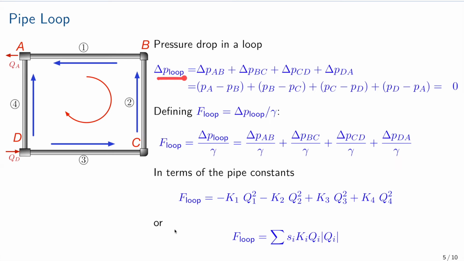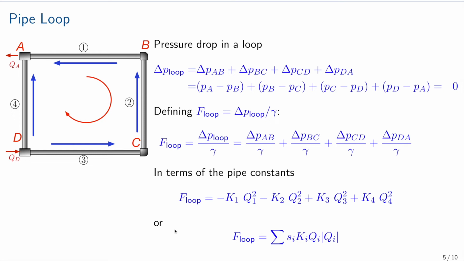So the pressure delta P in the loop is the change of pressure from here to here: delta P from A to B, plus the delta pressure from B to C, plus the delta pressure from C to D, plus the delta pressure from D to A. Now I'm going to expand these delta pressures.